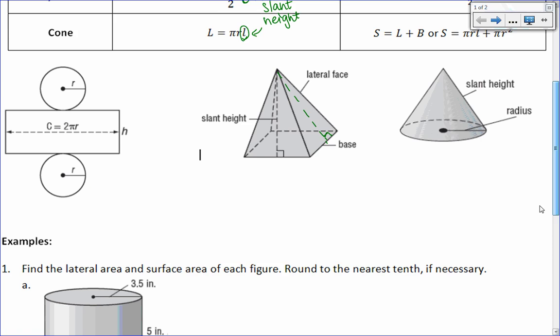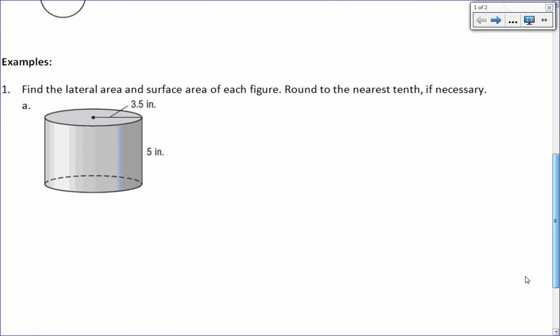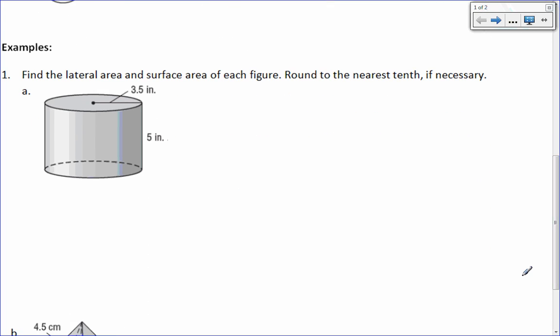Okay, so let's go ahead and take a look at some examples. The first one says to find the lateral area and surface area of each figure. So we need lateral area, and we need surface area.